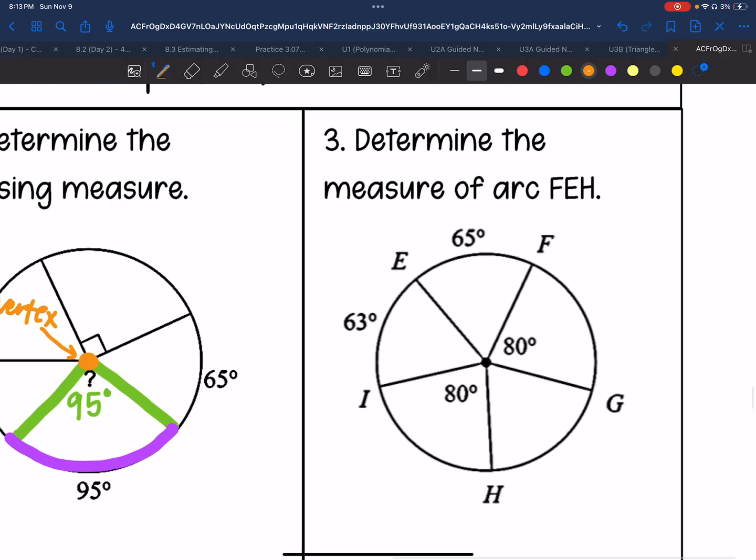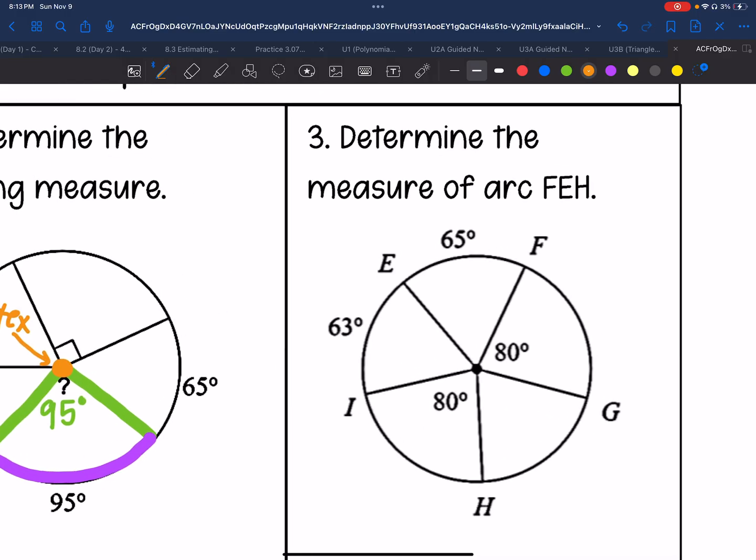We are asked to determine the measure of arc FEH. Remember that we think of an arc name as connect the dots. So this is our first point, this is our second, and this is our third. We have to go in that order. So we're going to start with F, then we're going to go to E, and then we're going to go all the way around to H. All right.